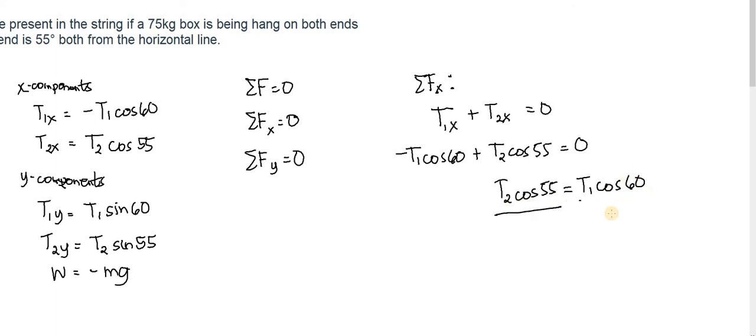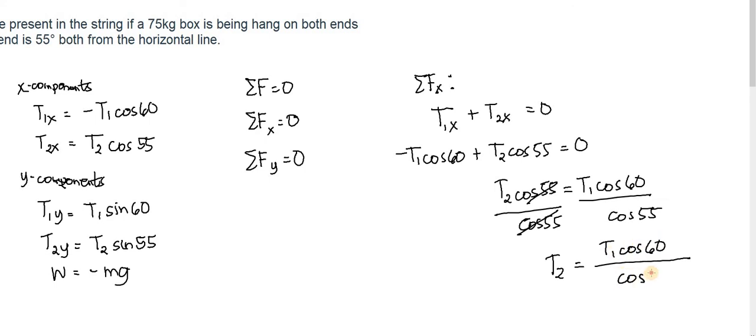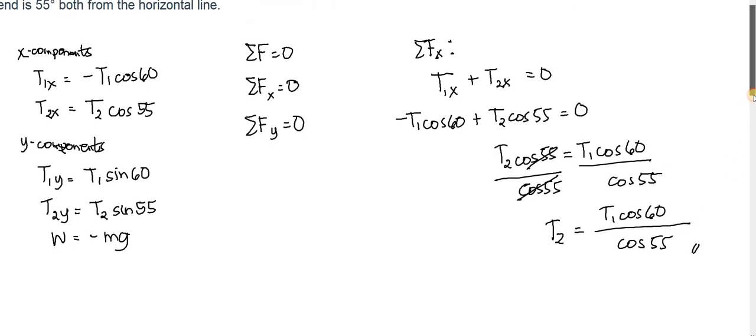Divide both sides by cosine of 55, and the cosine of 55 cancels. Then T2 is equal to T1 cosine of 60 over cosine of 55. Let's just leave it; we'll use that later.